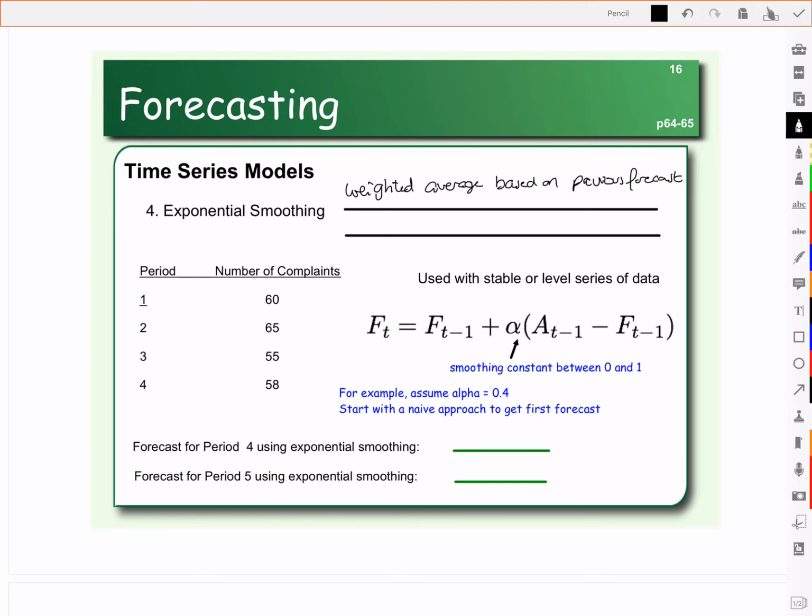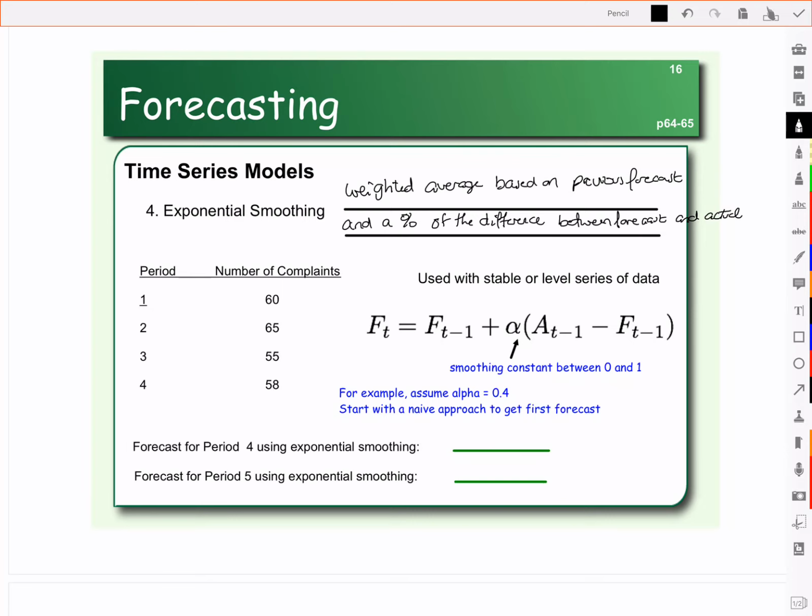And the difference between the exponential smoothing and the other methods so far is that it's not just the previous forecast, but it's going to also be a percentage of the difference between the forecast and the actual. So the exponential smoothing method is essentially allowing us to update our short-term forecast by considering how off we were from our previous forecast.